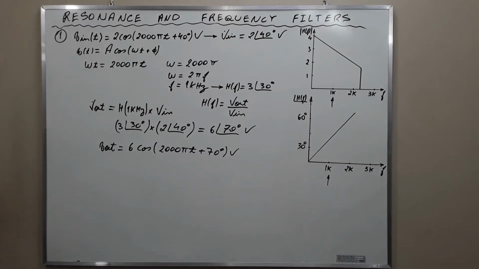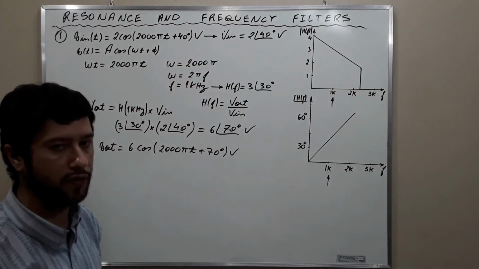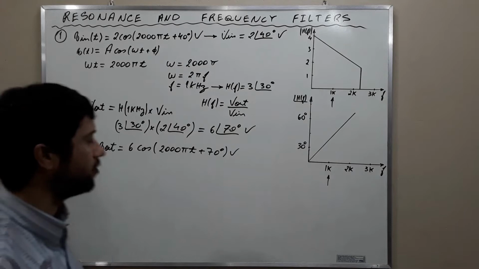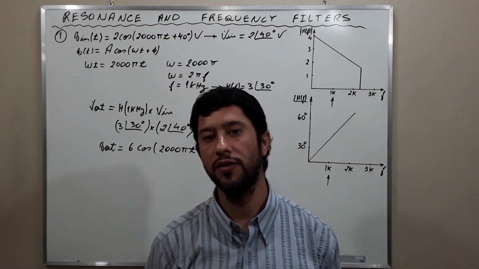Furthermore, the signal is shifted by 30 degrees. The phase was 40 degrees, now the phase is 70 degrees, while passing through the filter network. Okay, my friends, this is all for exercise 1. Let's go to exercise 2.